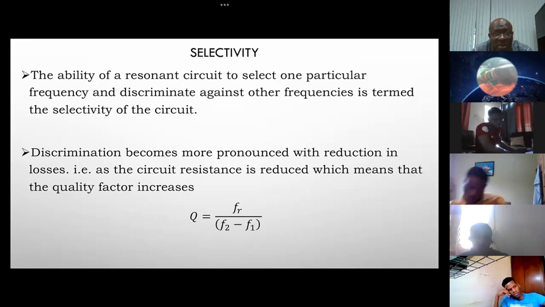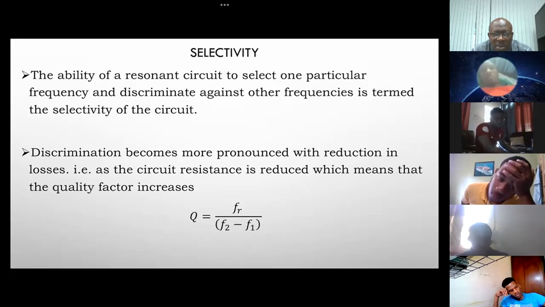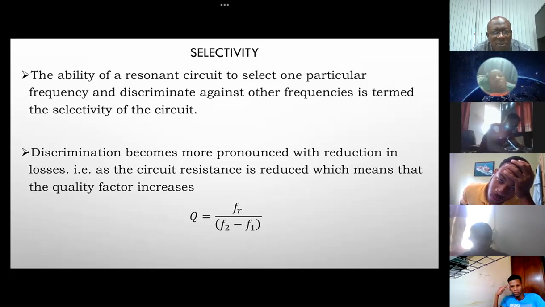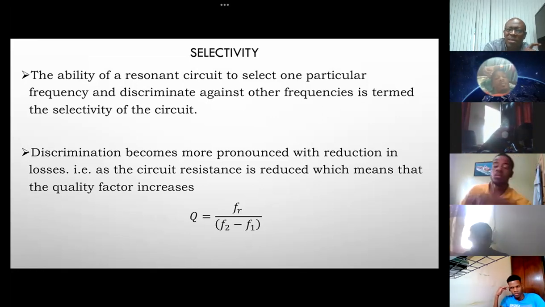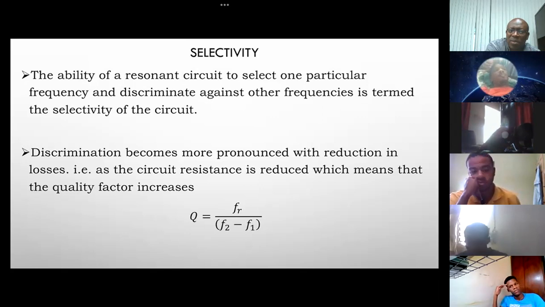The smaller the bandwidth, the higher the quality factor. L and C are the ones that determine what FR is equal to. We have already established that FR is equal to 1 over 2 pi root LC. So the values of L and C will dictate FR, but R would dictate the quality factor.